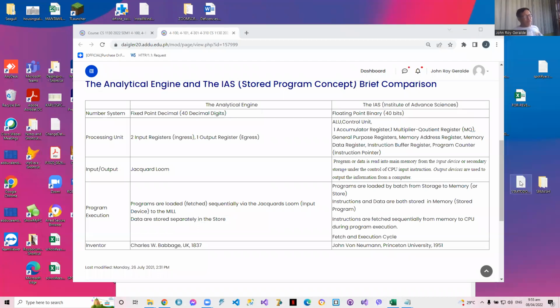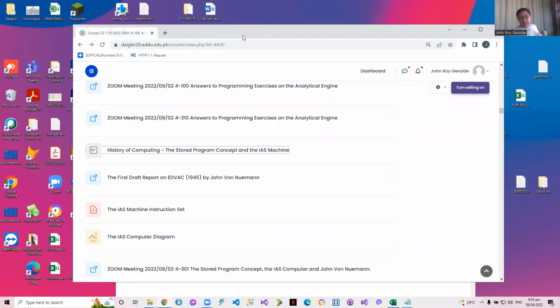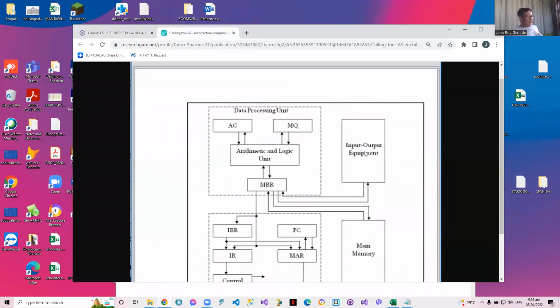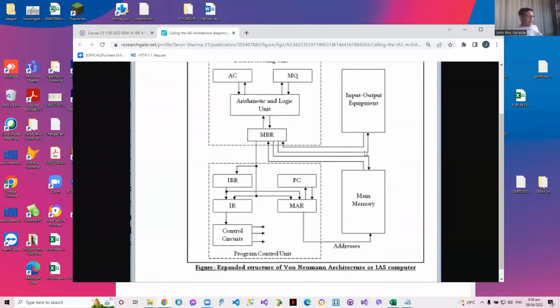Now, before we proceed to programming of the IAS, which will be your next assignment, not today anyway, let's look at the IAS computer diagram. If this were the analytical engine, this is called the mill.